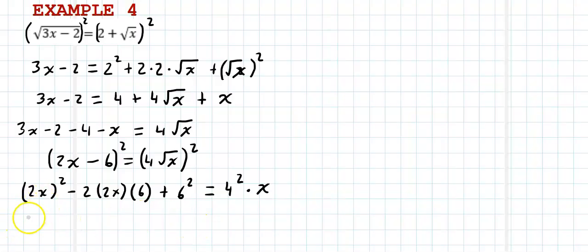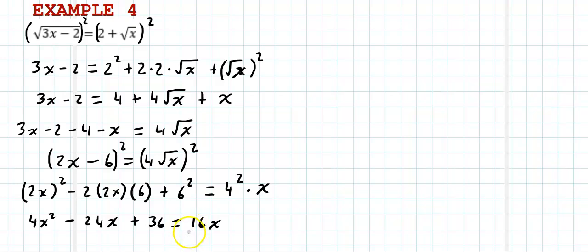Now simplify, we have 4x to the second power minus 2 times 2 times 6, which is 24x, plus 36 equals 16x. Now we have to set the equation equal to 0.